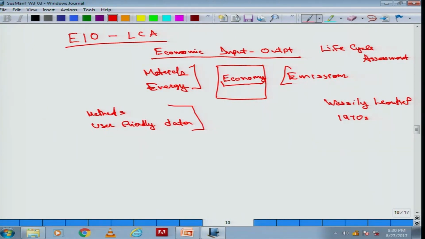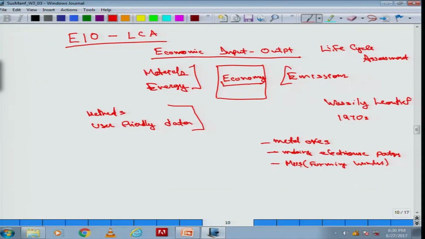For example, for a final assembly facility, the impact from the metal ores, then making electronic parts, then some miscellaneous things, like forming windows in an automobile, or attaching other miscellaneous accessories to the automobile. All this data is present here.